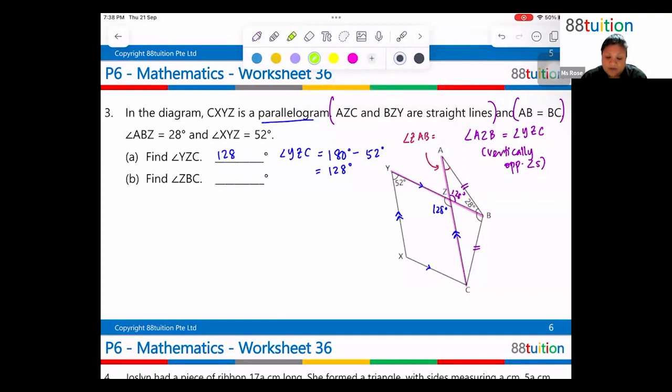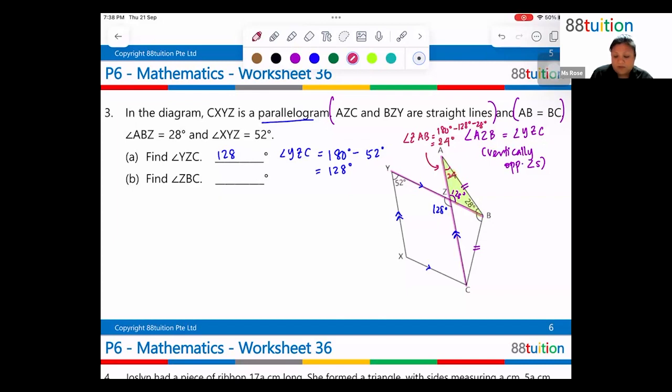So this is your triangle, right? Sum of angles in a triangle. So what do you have? You have 180 minus 128 minus 28 to give you 24.